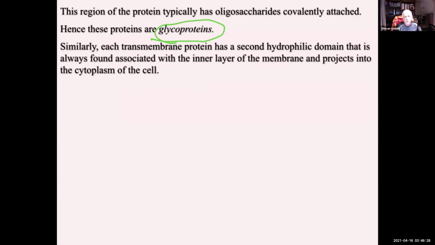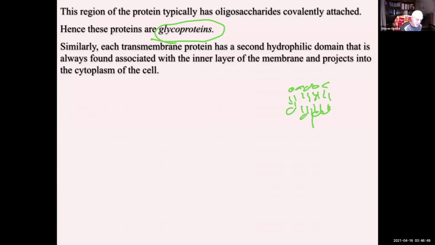Similarly, each transmembrane protein has a second hydrophilic domain that's found associated with the inner part of the membrane and projects into the cytoplasm. So remember, we'll just do a little cell membrane here. Fatty acid tails. Okay, there's your cell membrane. Hydrophobic on this side.